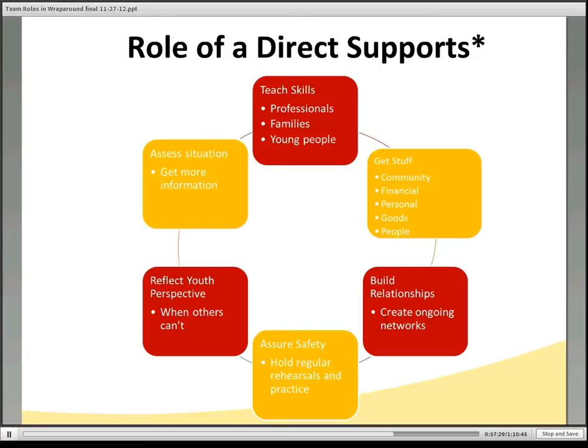And some of the things that having that role as part of a team can do is they can really work to help stabilize situations. Especially if there's something going on with a youth or family, they're able to diffuse the situation so that the family can have a sense of balance.